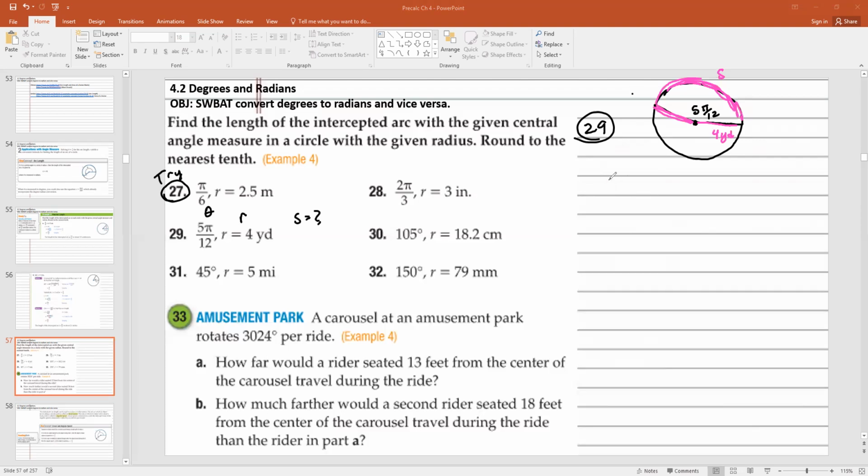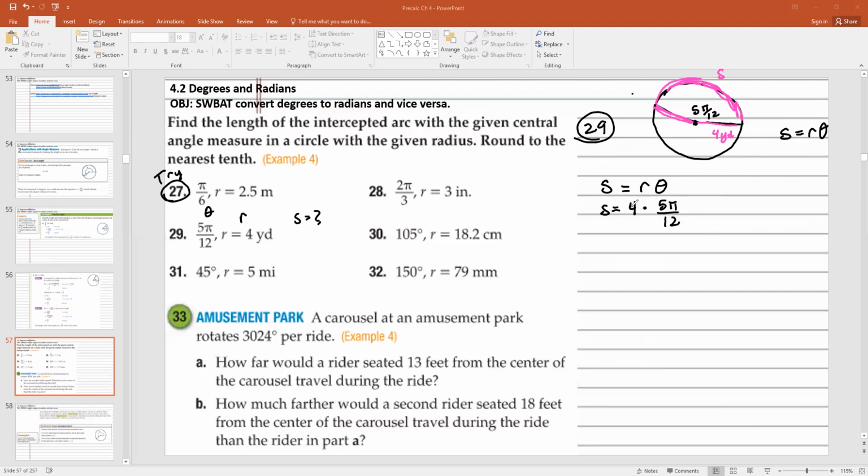Just remember, s equals r theta. So the arc length is equal to r theta. Our r is 4 times our theta, 5 pi over 12.